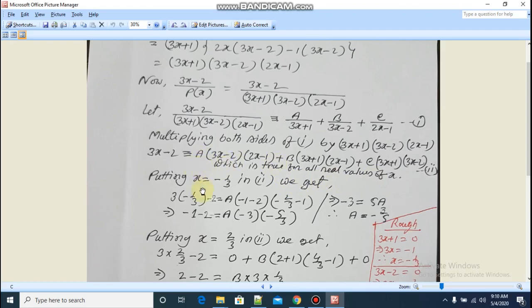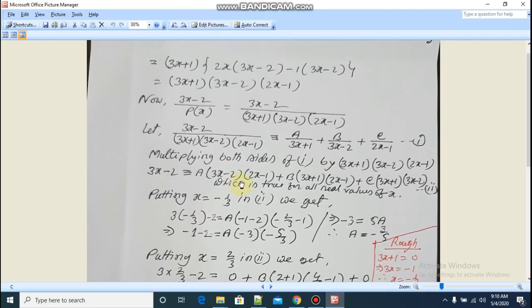This is an identity. Now we can put any real value of x, but we put some particular values of x. How can we get these particular values?